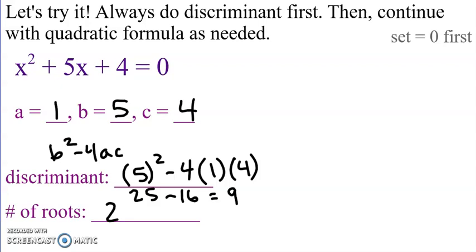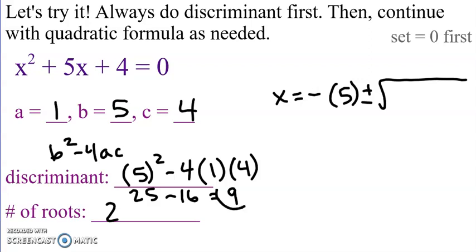Okay. So now if we go to the rest of our quadratic formula, x equals negative b. Our b value is 5, plus or minus the square root of b squared minus 4ac. But we already figured that out. We already solved, and we got 9.